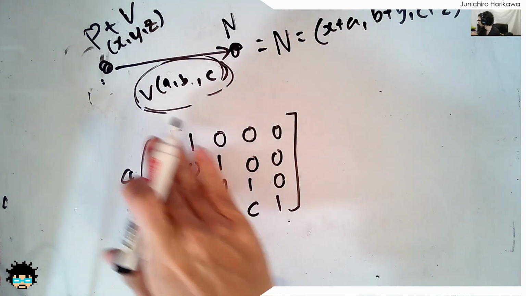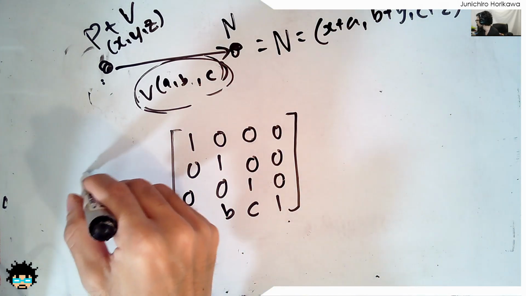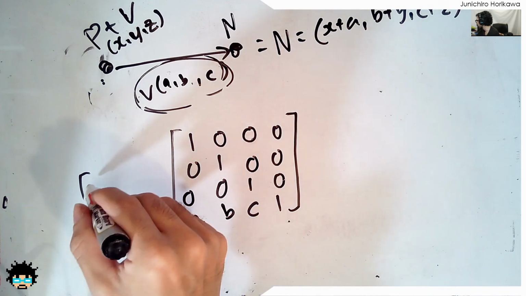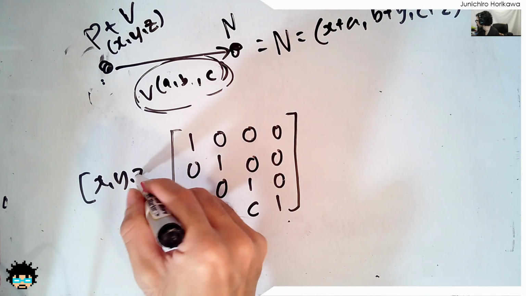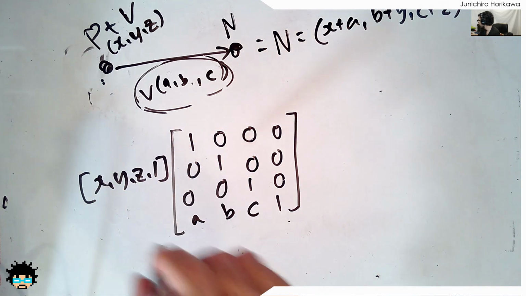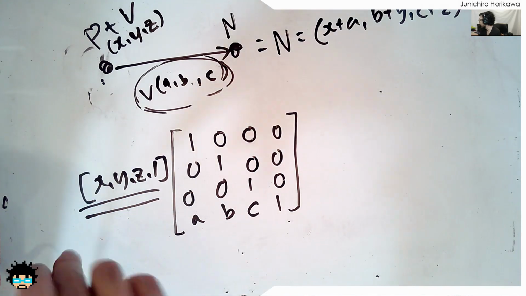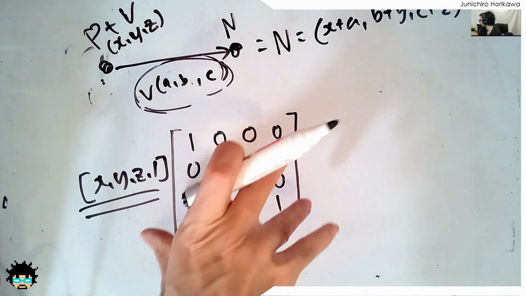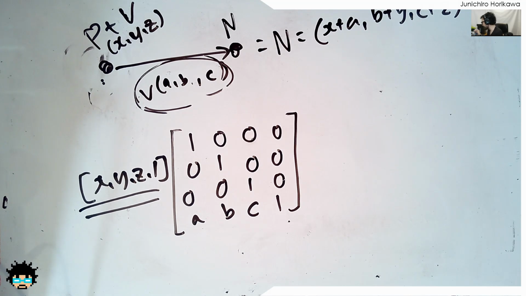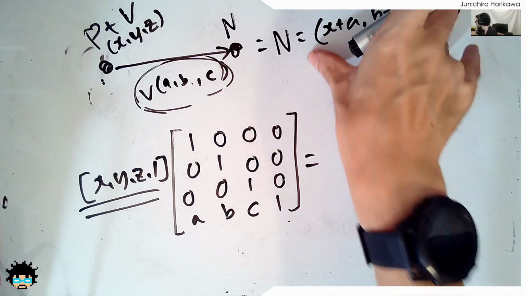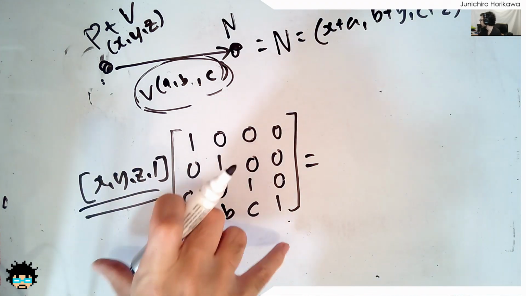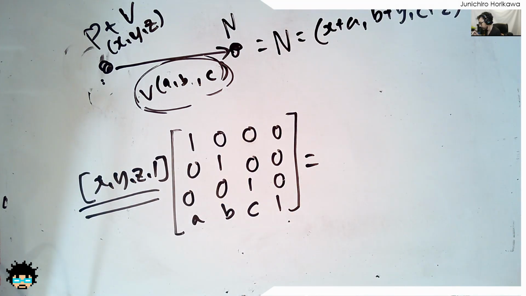Now let's see if we do the calculation between the X, Y, Z, 1 by 4 vector multiplied by this 4x4 matrix. If we get the same result, then this translation is actually working. So let's see if it really does.